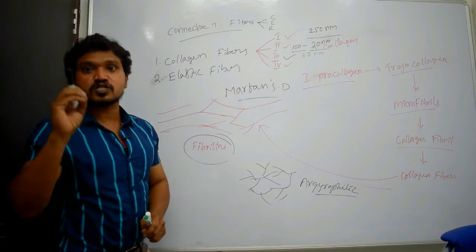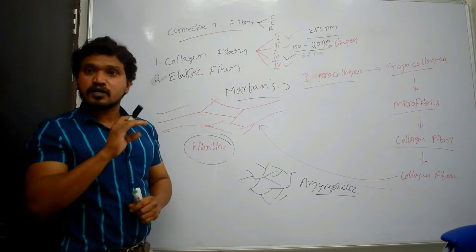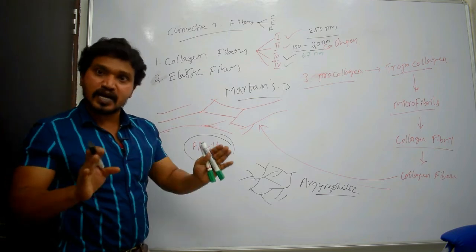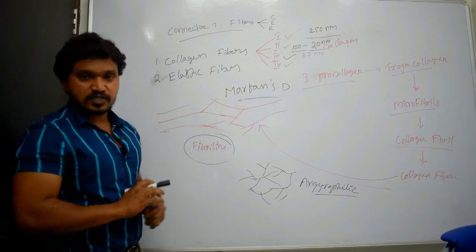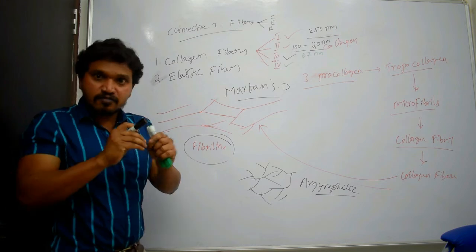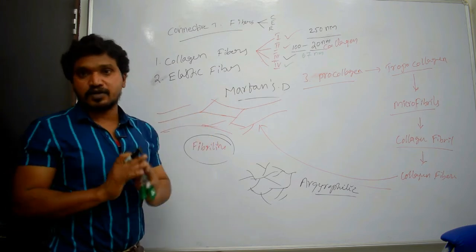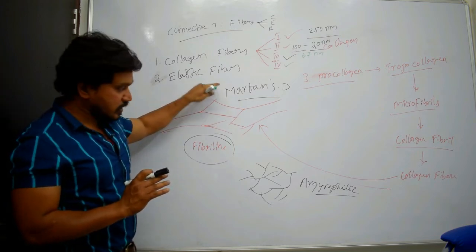With strong acid, they will be destroyed. A single collagen fiber will not branch, but bundles of collagen fibers can branch and reunite. That is about collagen fibers. Elastic fibers are elastic and stretchable. After stretching, if you remove the stretching force, they recoil perfectly.